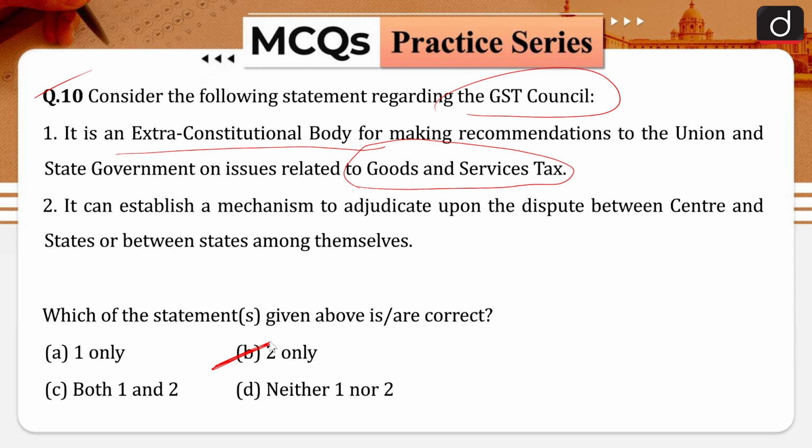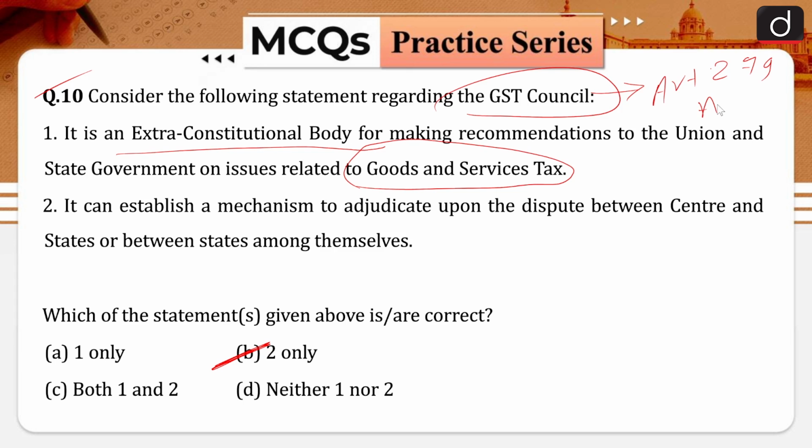So if I talk about the GST Council, it is a constitutional body, and Article 279A of the Indian Constitution mentions the GST Council, and it is there for making recommendations to the union and state governments on issues related to the goods and services tax.